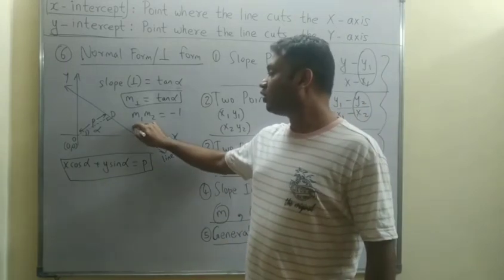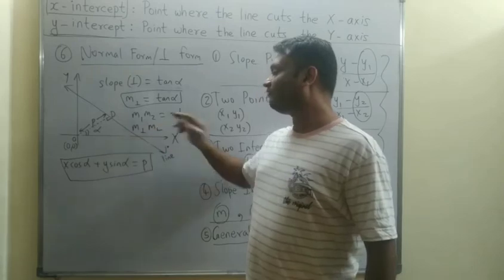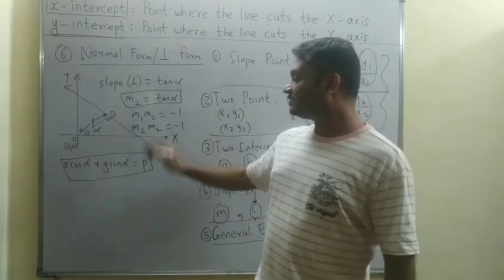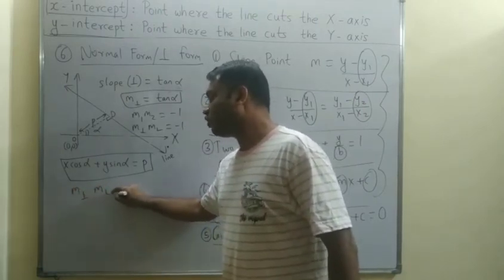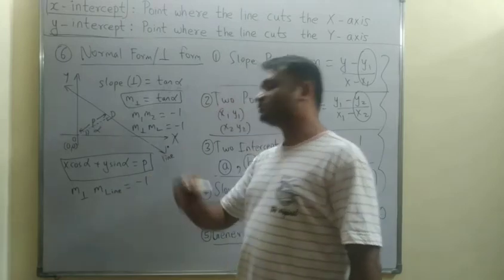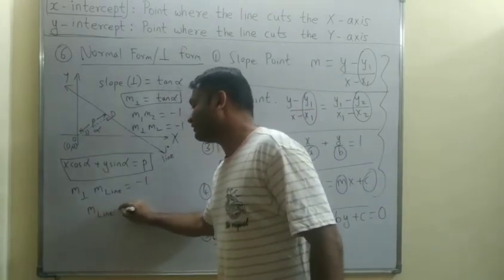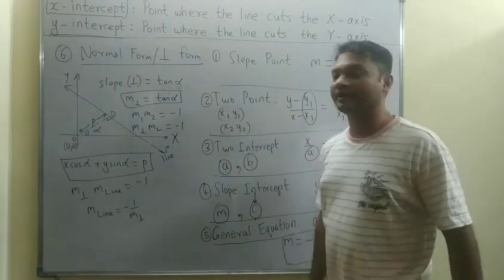So we can say slope of perpendicular into slope of line equals -1, which gives me slope of line is equal to -1 upon slope of perpendicular.